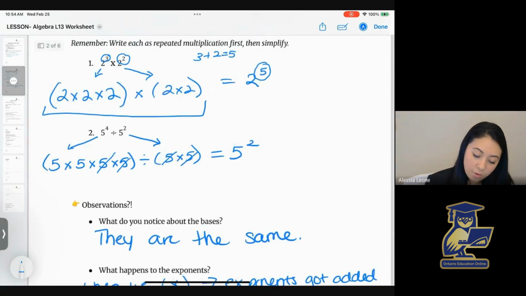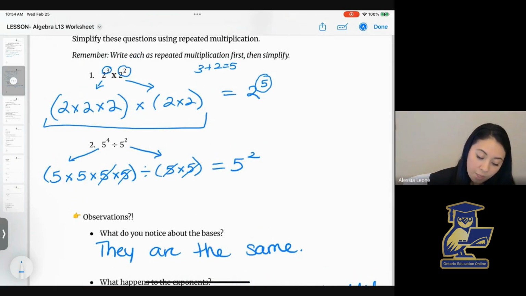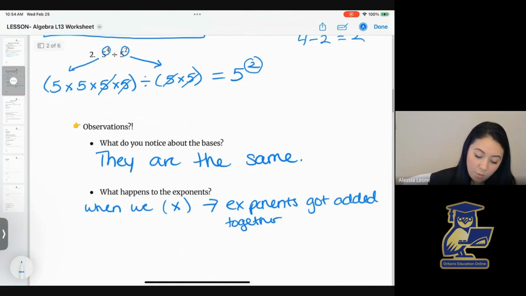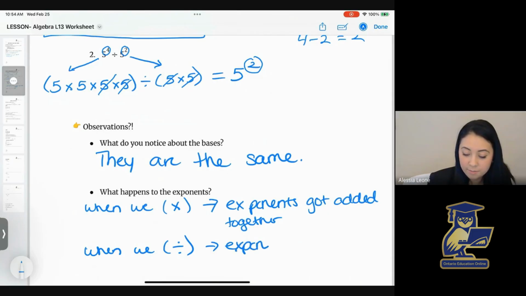And now let's look at number 2. When we were looking at division, we had a 4 and a 2, and we ended up with 2. What did we notice? 4 take away 2 is 2. When we were dividing, the exponents got subtracted.